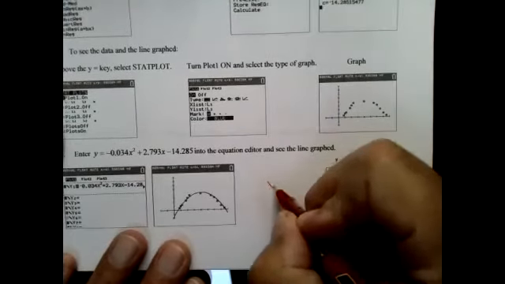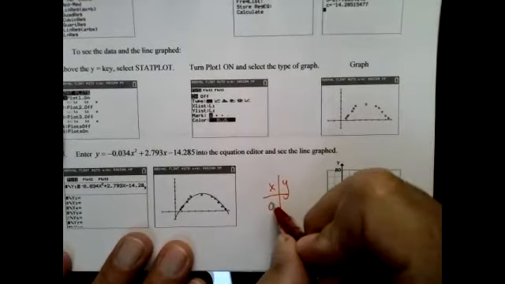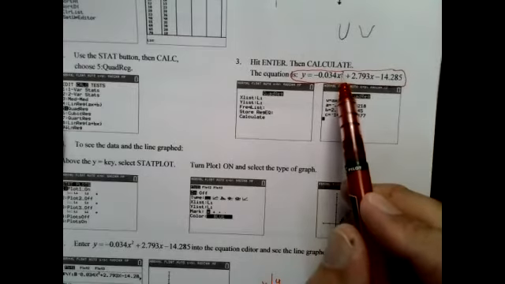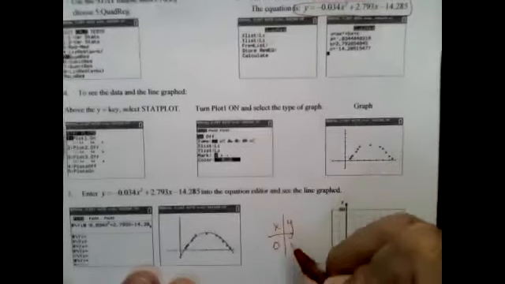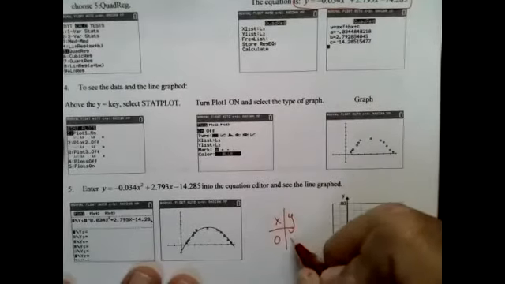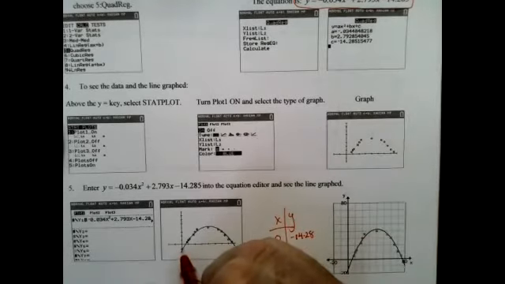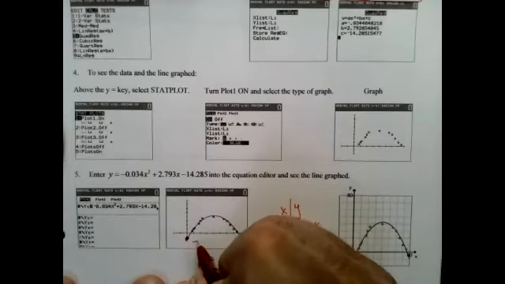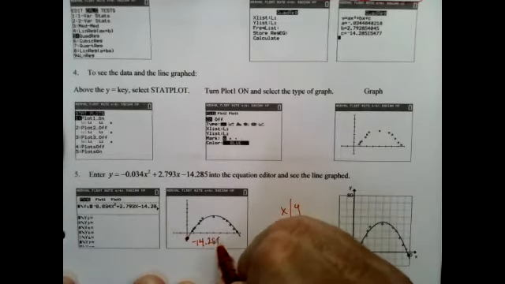Now, I'm going to throw this out at you. If I say X is 0, come back to my equation, this term, gone. This term, gone. I'm left with negative 14.285. So my Y-intercept would be at negative 14.285.